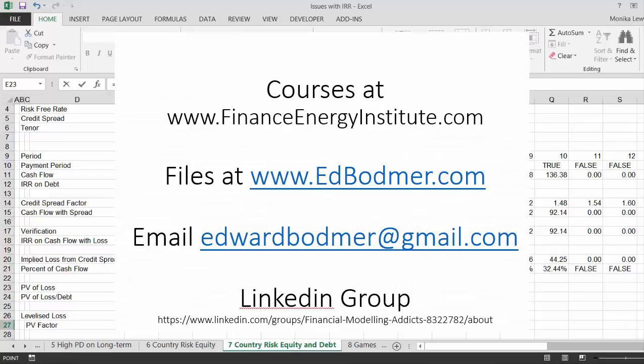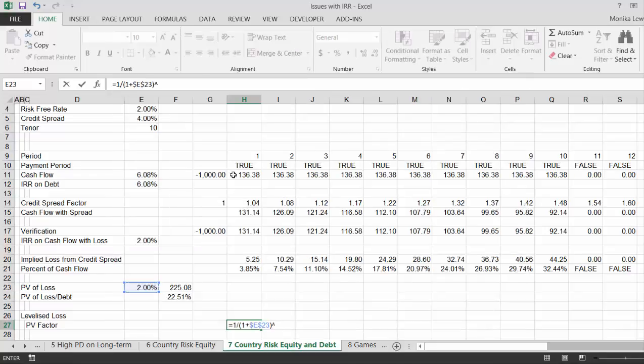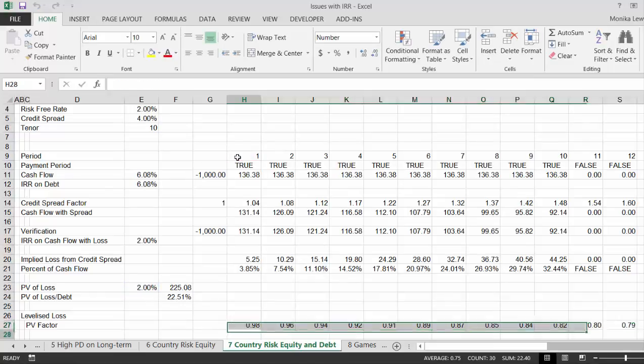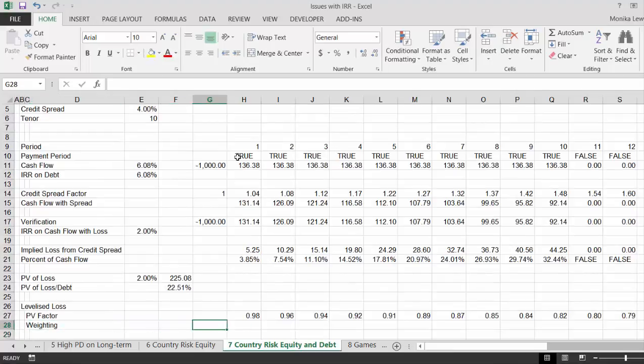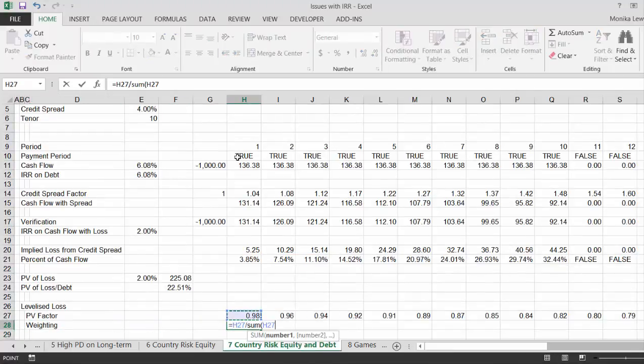I'm going to use the risk-free rate for levelizing. You could argue to use the entire rate, but okay, and that's just a weighted average, so then we put weighting. Okay, and that's this one divided by the sum of the line.